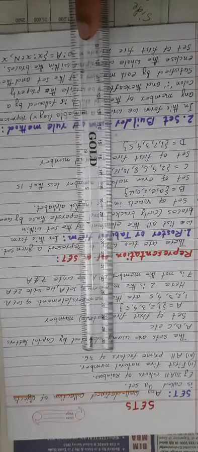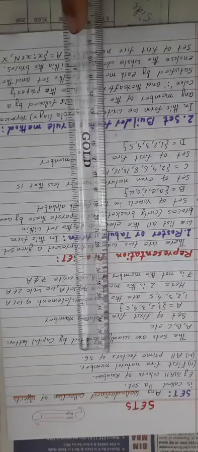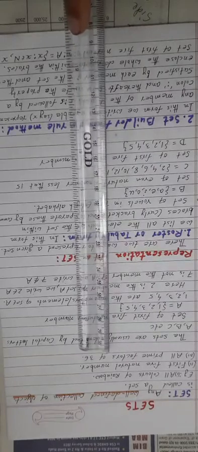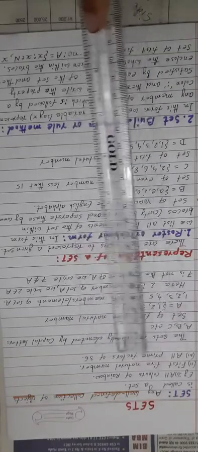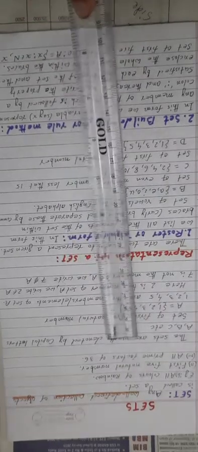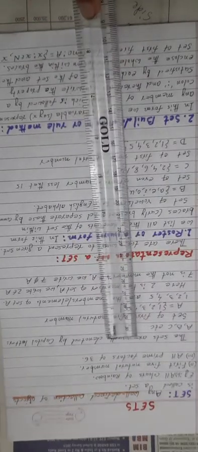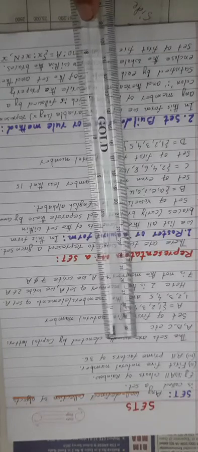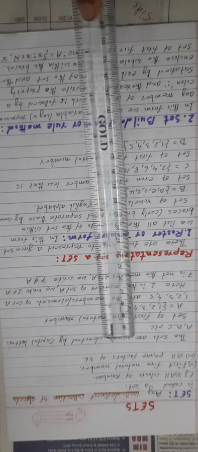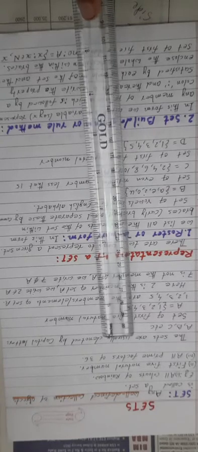So all the prime factors of 36, this is also a set. These are all sets. So well defined, I explained to you. If you make a group of objects which is well defined, which is true in all cases, that is called a set.